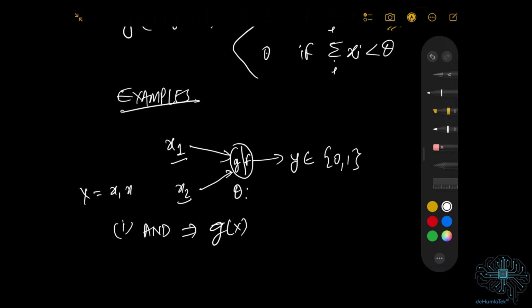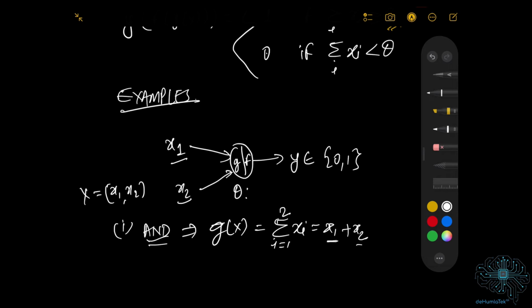This is a summation, and we have only two inputs, so it is x1 plus x2. For the AND gate, both x1 and x2 inputs have to be 1, otherwise this neuron won't fire.